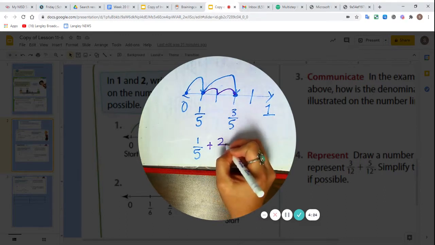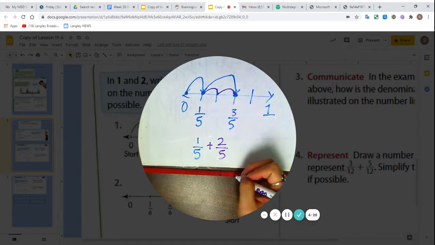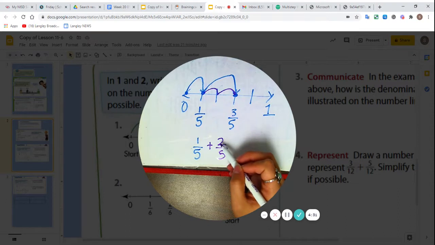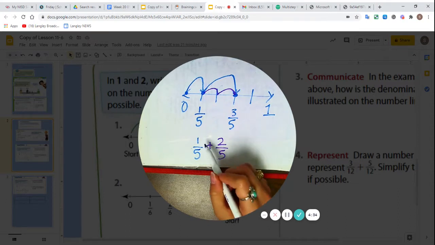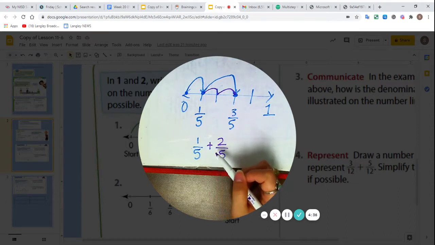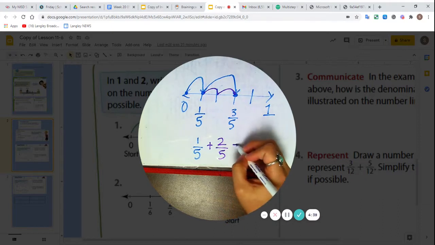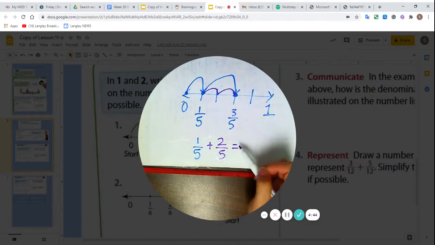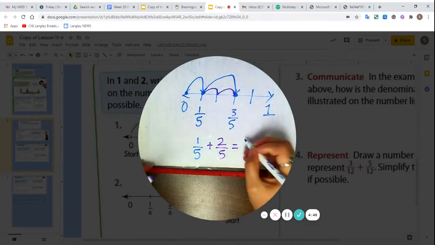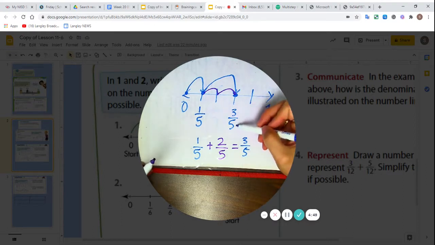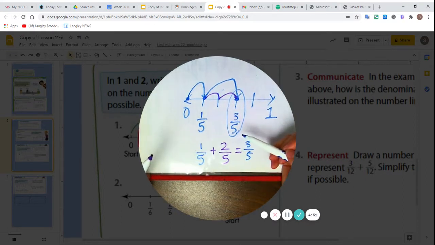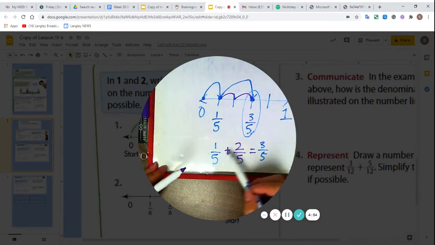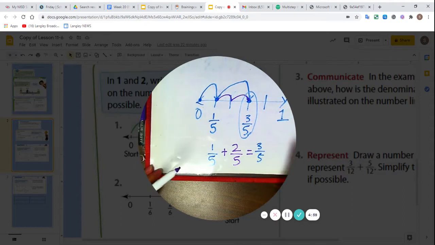We added 2/5, because that's how many spaces we went. We went 2 more spaces, and our denominator still stays the same. So 1/5 plus 2/5, that's how we can check to see if we're correct. What does that give us? That gives us 3/5, and that's where those 2 arrows ended on that number line. So this is the equation that we would write, the answer that they were looking for.